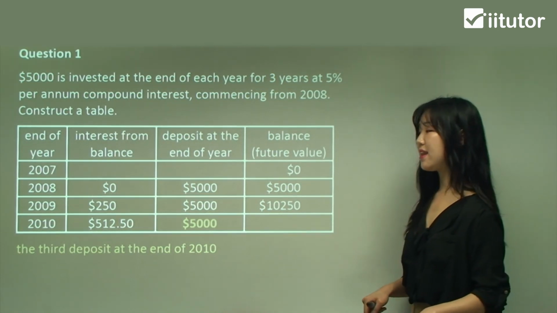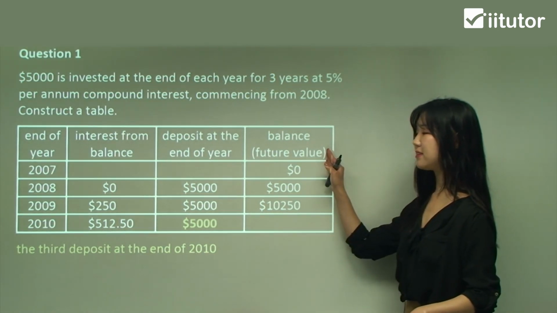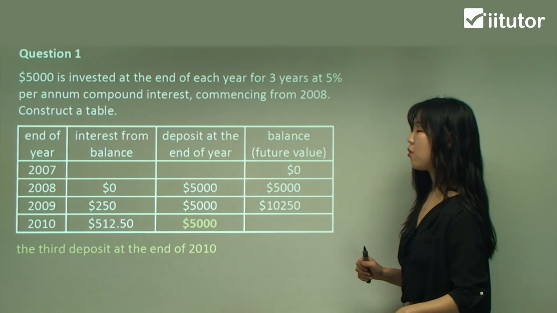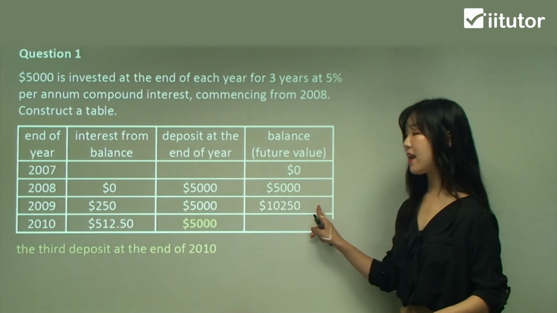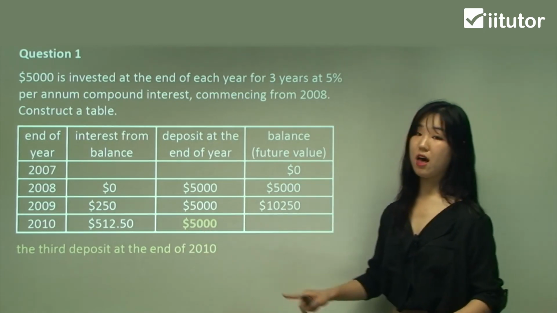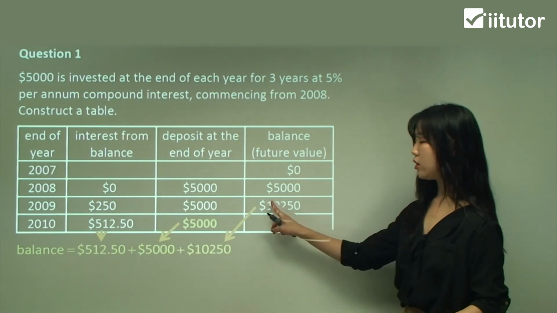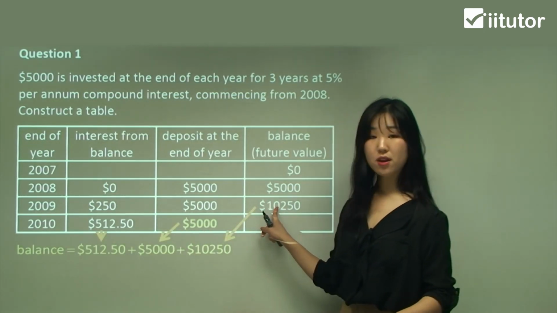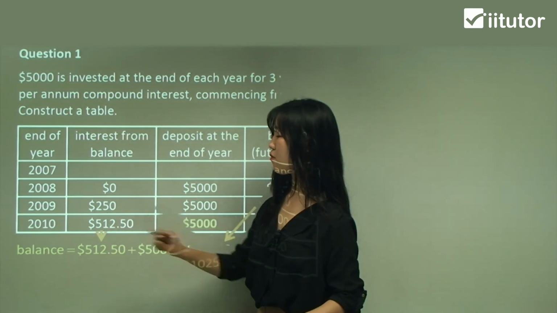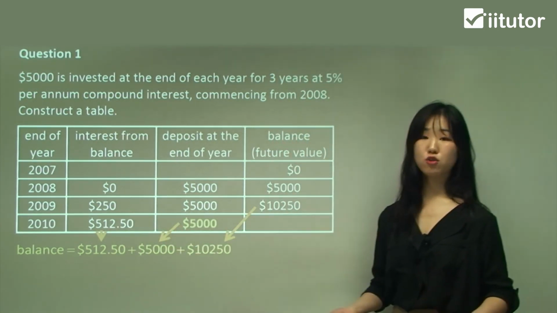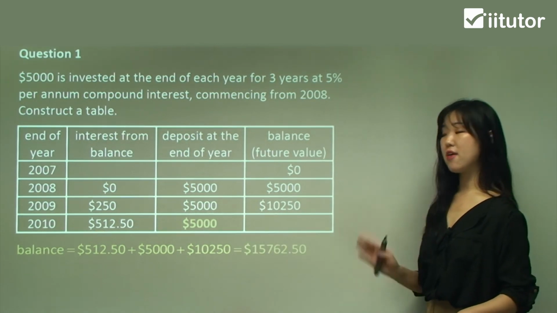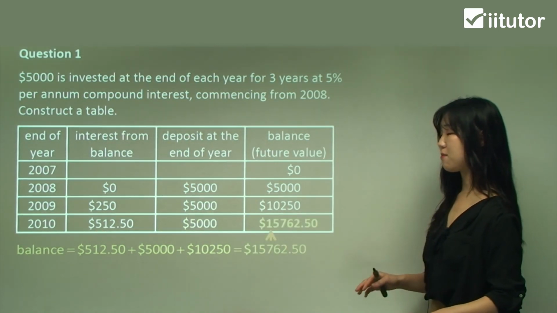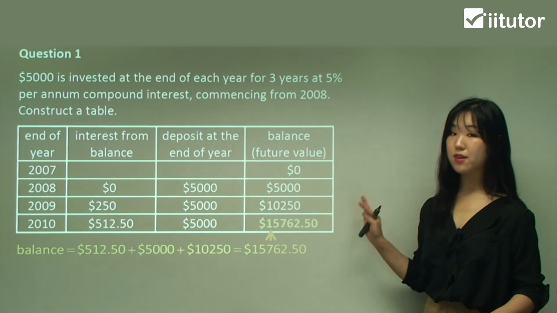And then now we have to find the last balance of 2010, and all you need to do is on top of the amount that I had in the account, we add on our interest as well as our deposit, just like that. So on top of the balance that we had in 2009, we add on the interest that we've obtained as well as our new contribution of the last payment. So you calculate it, that's what you have. That's what you put into the last box. That's the balance at the end of 2010.